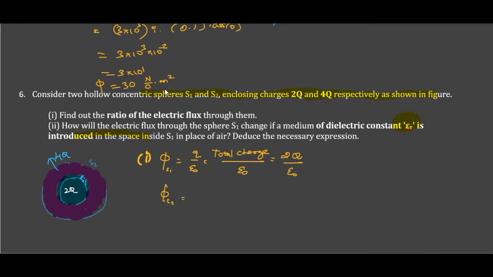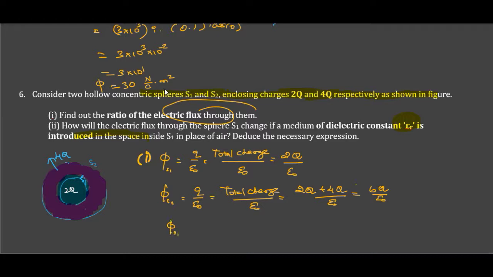Similarly, for surface 2, flux is total charge divided by epsilon naught. Total charge we add, 2Q plus 4Q, divided by epsilon naught, is 6Q by epsilon naught. But the question asks about the ratio of the electric flux.